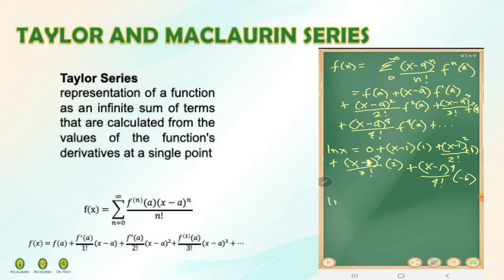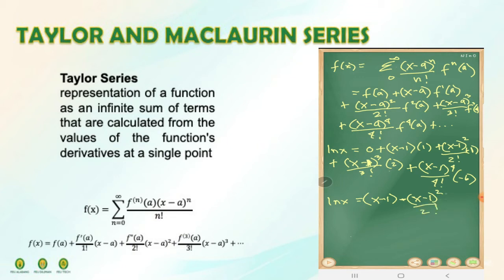So let's have ln of x. Therefore we have 0, plus x minus 1 raised to the 1 is still x minus 1. Then (x minus 1) quantity squared times negative 1, so we have minus (x minus 1) quantity squared over 2 factorial.